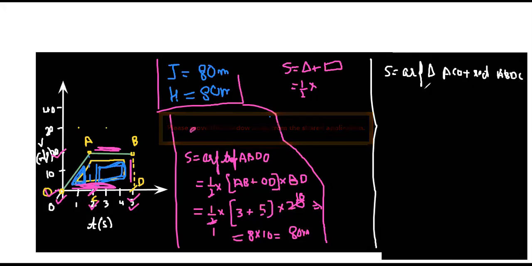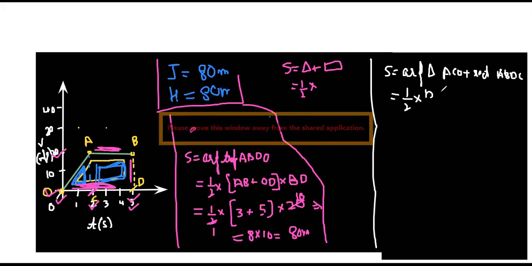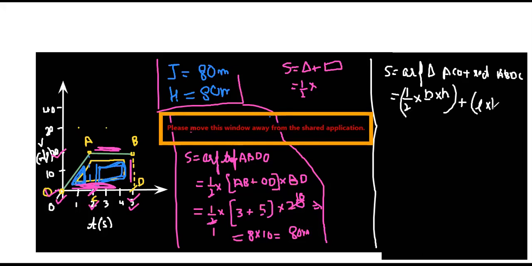Okay. So the triangle is half into base into height, plus the rectangle, that is length multiply by breadth.